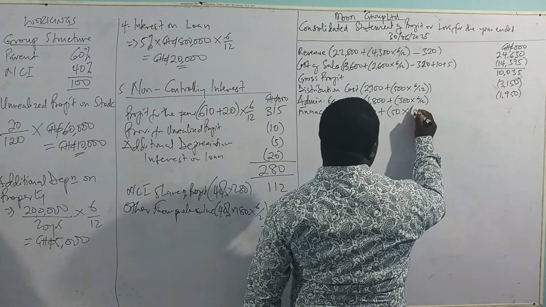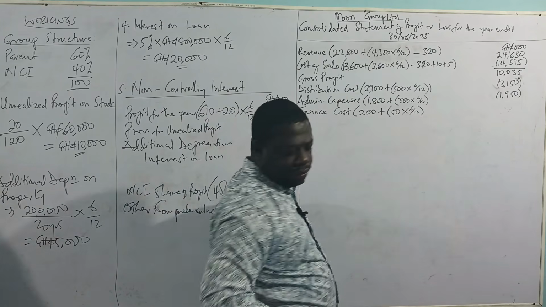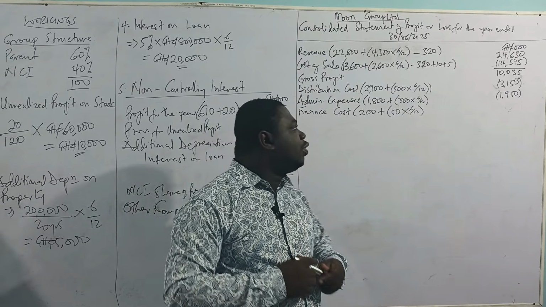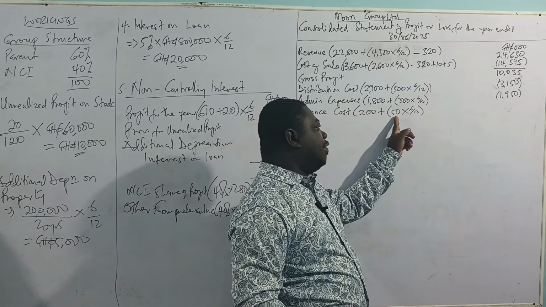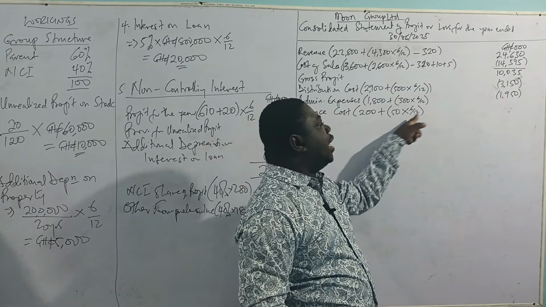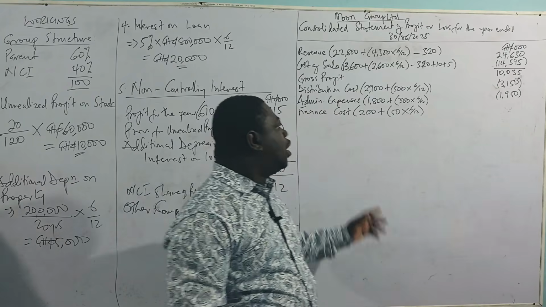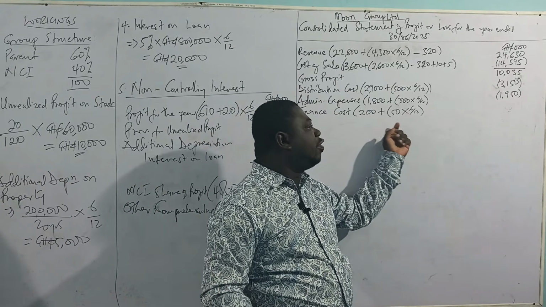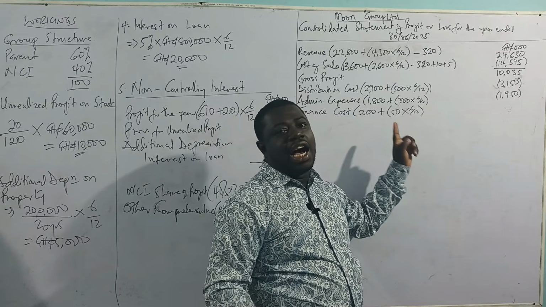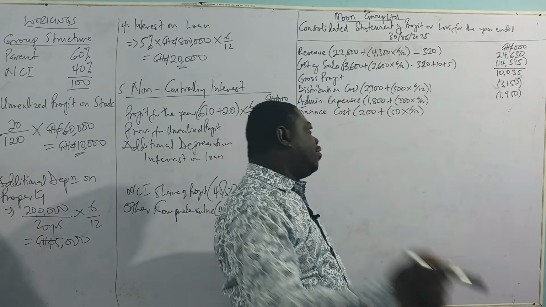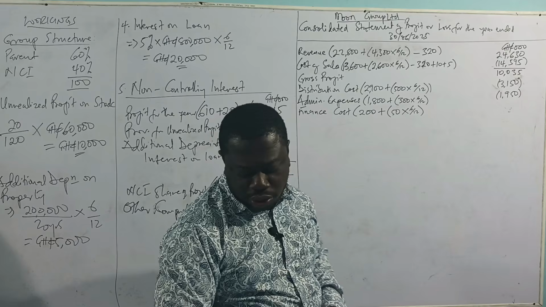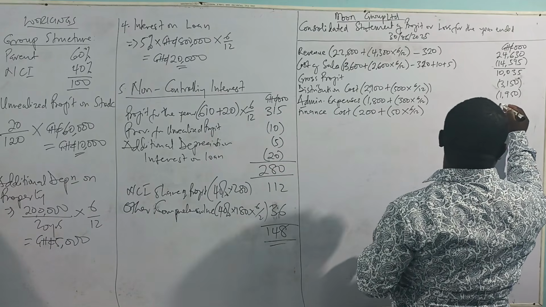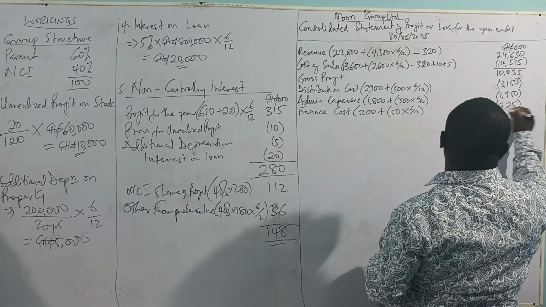And the 50, we still apply 6/12. So please take note. You could have equally written 70 minus 20 in brackets times 6/12. All right. So we multiply that of the subsidiary by 6/12. In the question, it was 70. I'll put 50 here because of the intra-group cancellation. And that is going to give us a finance cost of 225 for the group.